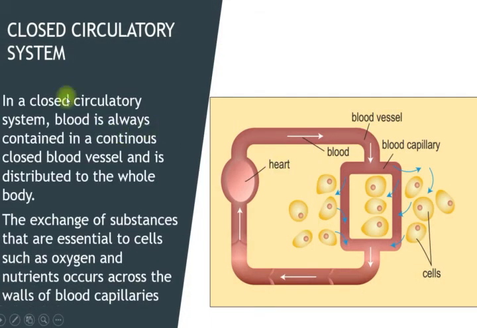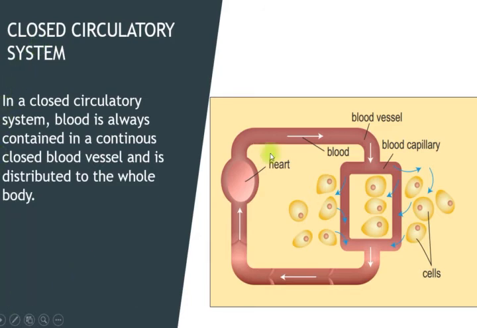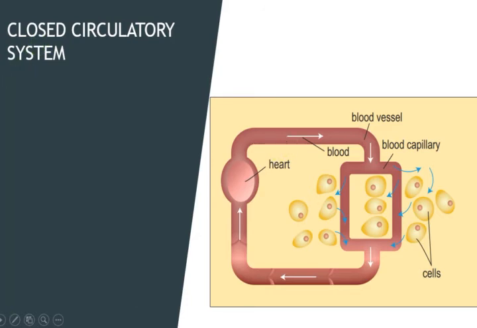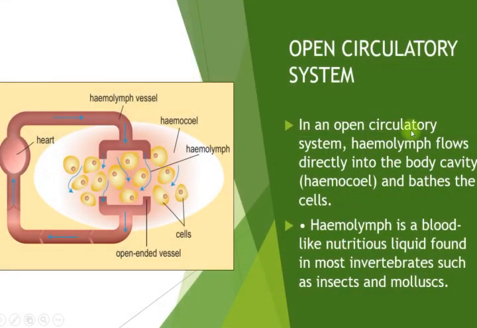Next we go to the closed circulatory system. But first, make sure you know why the insect has an open circulatory system. What is the reason? Because the hemolymph flows directly into the body cavity, so the liquid does not move in a closed vessel.